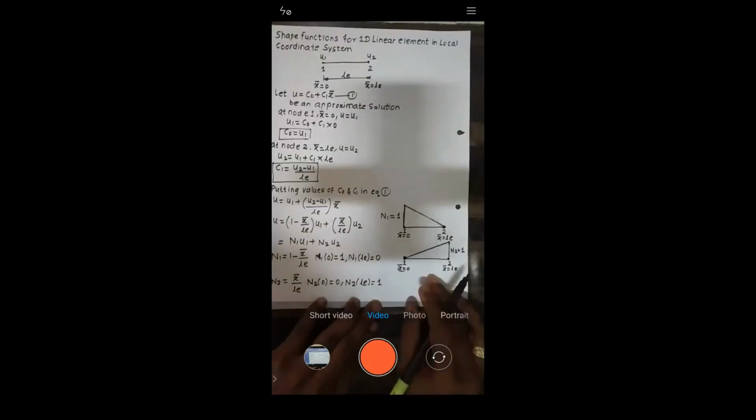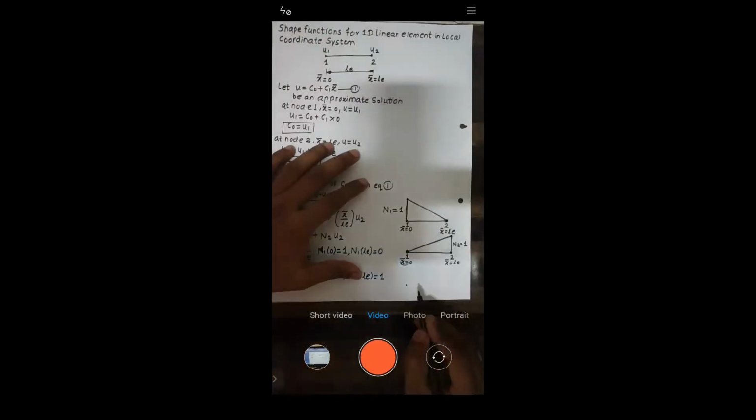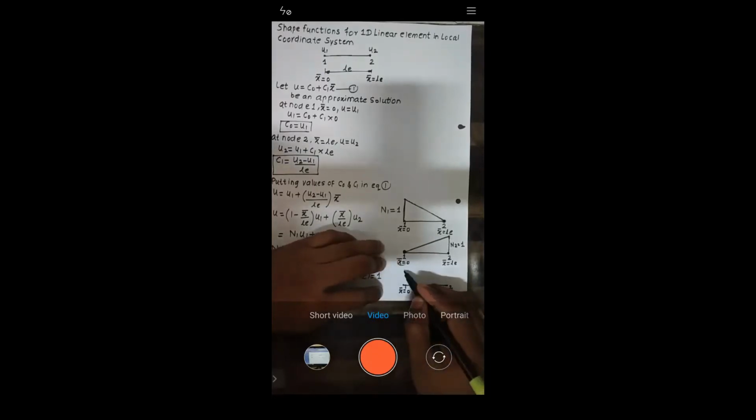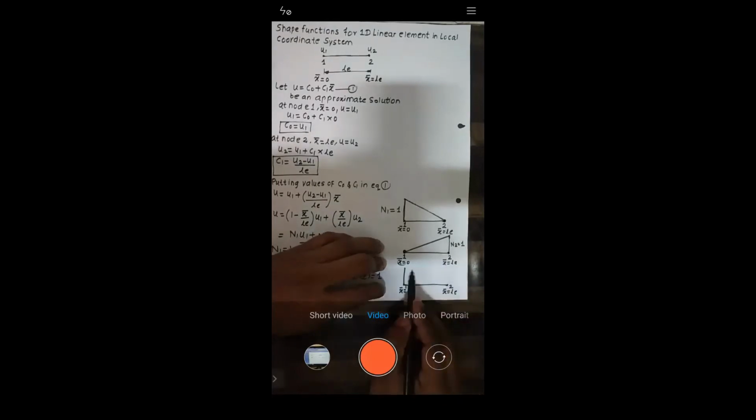So if we combinedly draw the diagram, I'll draw it like this. x bar is equal to 0 here, and x bar is equal to LE here. This is node number 1, this is node number 2, this is node number 1, this is node number 2, right? So if you draw it like this, you will get a diagram like this, yes or no?